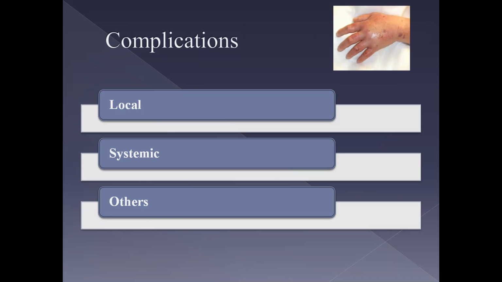First is local complications, second systemic, and third others. In local, as we know, hematoma, infiltration or infusion phlebitis may occur. In systemic, circulatory overload with a rapid and large volume of infusion, especially in patients with cardiac problems, may occur.